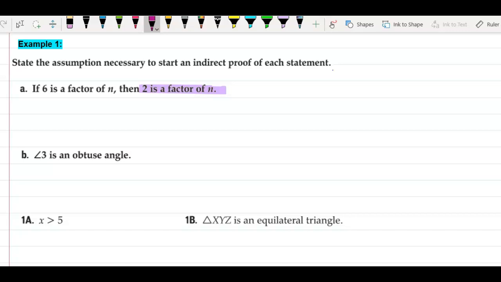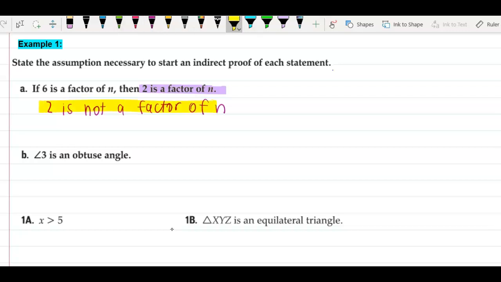For the conclusion, we find the negation, meaning the opposite. If the original statement wanted 2 as a factor, our assumption would be 2 is not a factor of n.